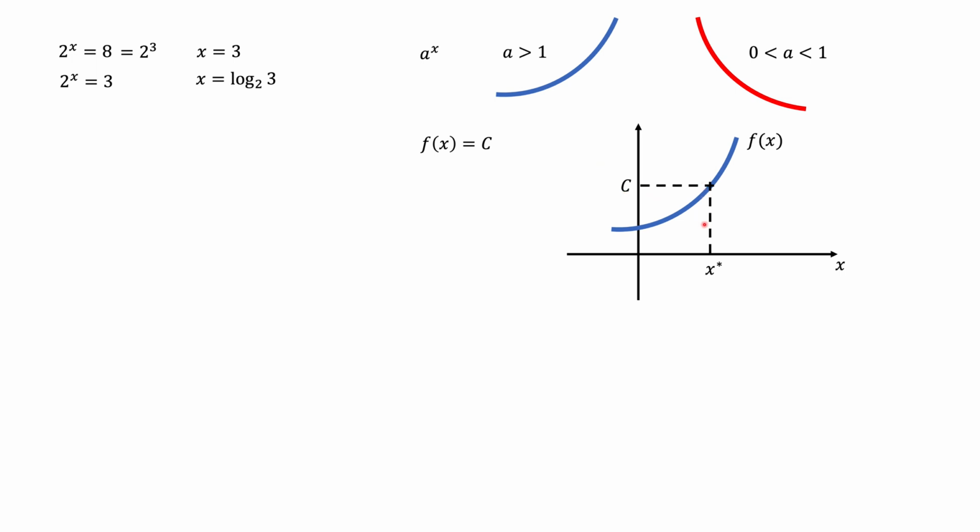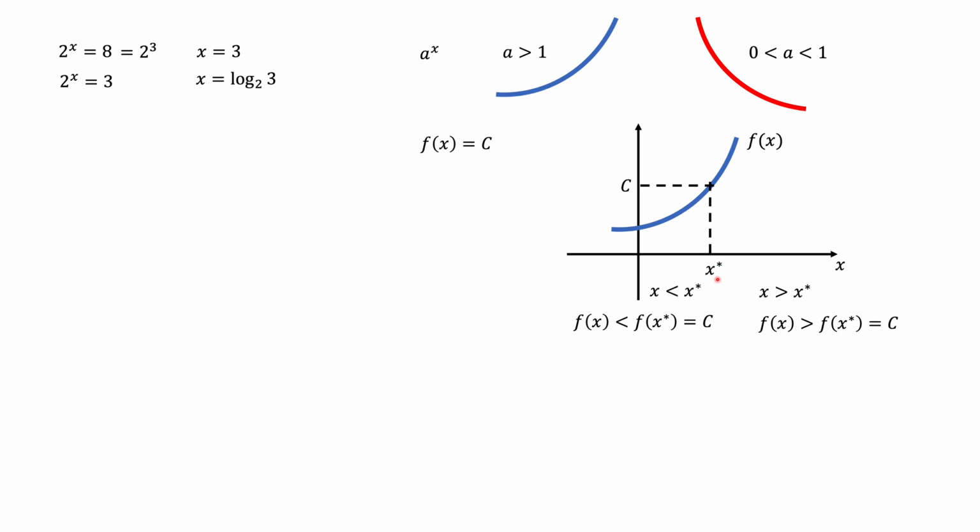And now you can see that for x less than x star, because this function is monotonically increasing, f of x should be less than f of x star, which is c. For x greater than x star, f of x should be greater than f of x star, which equals c. And therefore we see that f of x equals c only at one point, and that's when x equals x star.